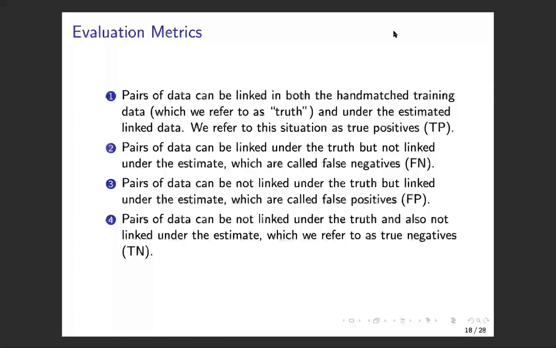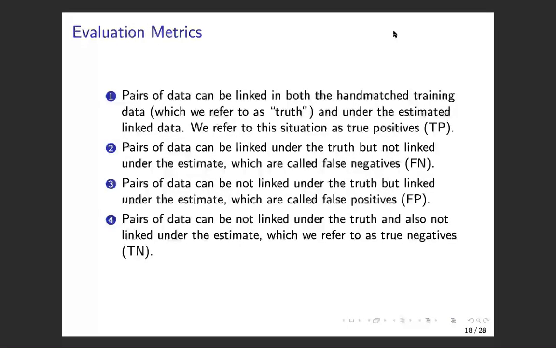So here I'm just going to review true positives, false negatives, false positives, and true negatives. So true positives are pairs of data that can be linked in both the hand-matched training data, if we have this, which we refer to as truth, and under the estimated link data. And so I'll refer to the situation as being true positives.